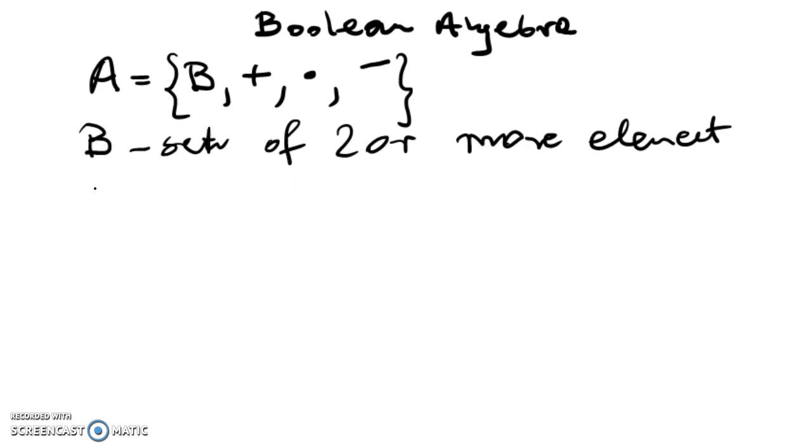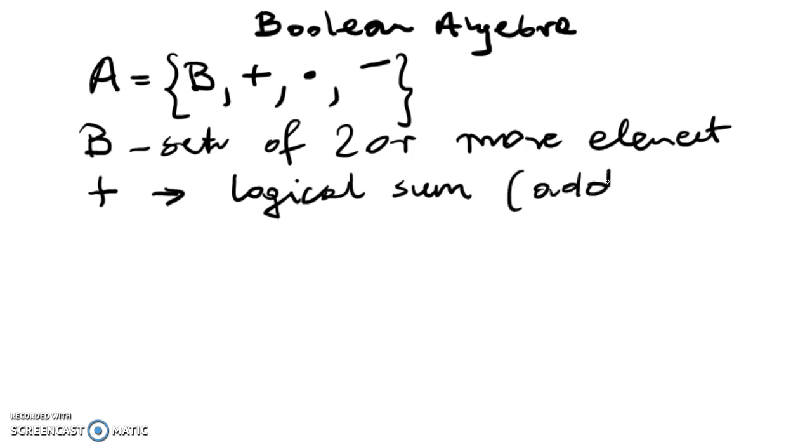What is important is that these are names. A standard name for this, independently of how you define it, will be logical sum or logical addition, not arithmetic addition, but logical addition.